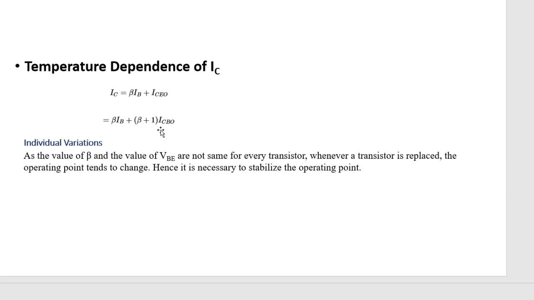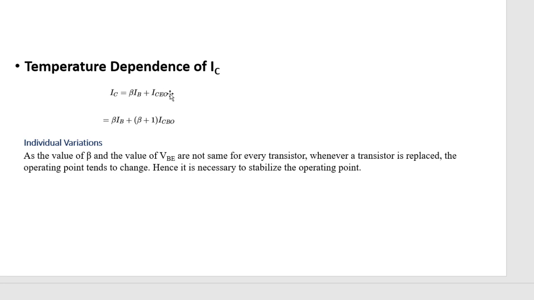In this we discuss the first point, the temperature dependence of IC. In this equation, ICBO is the leakage current from collector to base when the third terminal, the emitter, is open. Here it is the leakage current from collector to emitter, and in the second expression it is the leakage current from collector to base.